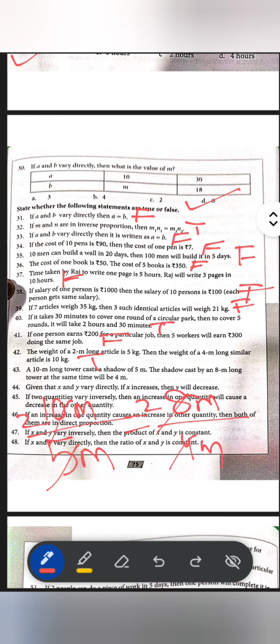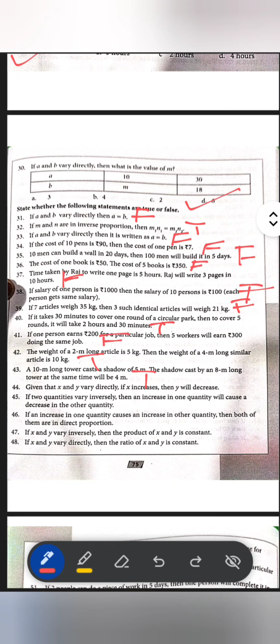Yes, that is correct. 2 is equal to 2, so it is correct. But the time should be constant, or else the length of the shadow will be different. As you know, at 12 o'clock the shortest shadow is there, in the morning and afternoon a longer shadow is there. So time should be constant whenever you are solving this kind of question.